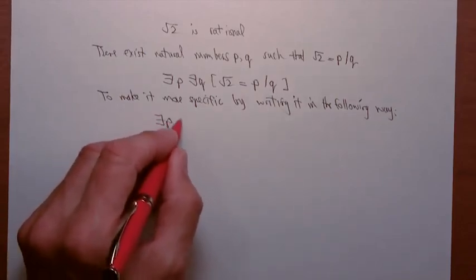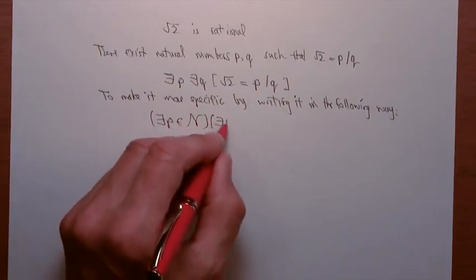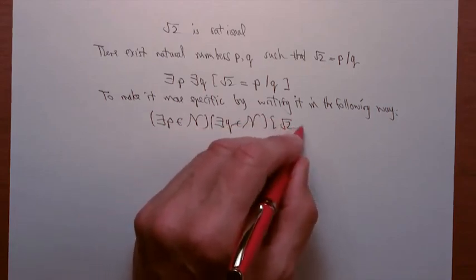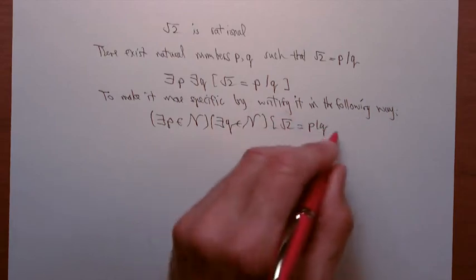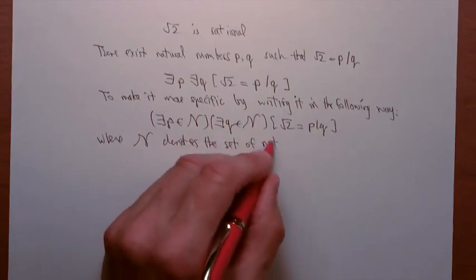There exists a p in N, and there exists a q in N, such that root 2 equals p over q, where N denotes the set of natural numbers.